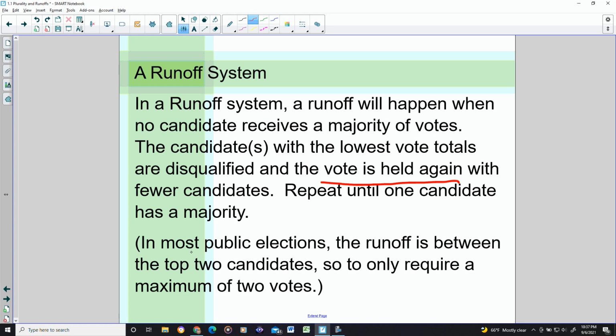Generally speaking, in most public elections, the runoff is between the top two candidates, so it only requires a maximum of 2 votes: the original one plus what they call the runoff vote. This happened in Georgia, as we said before. In Georgia, this was in the news because the Senate races this year were so closely watched.